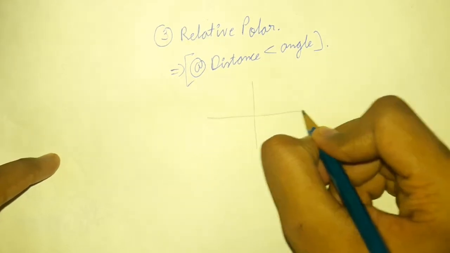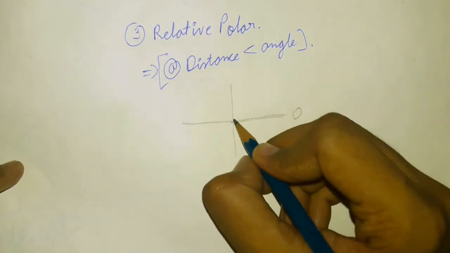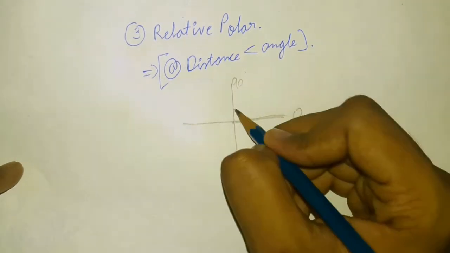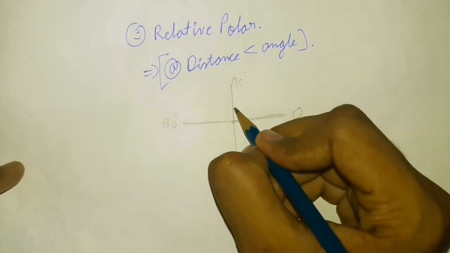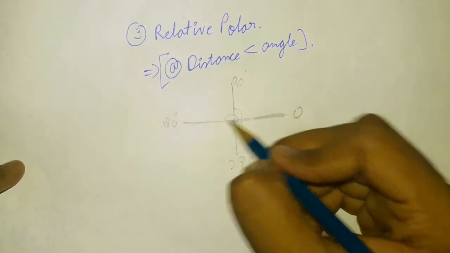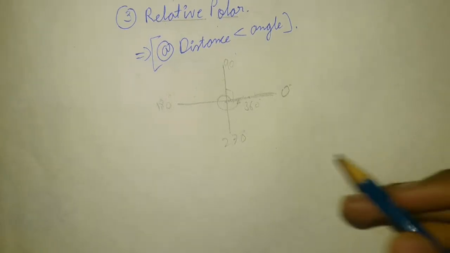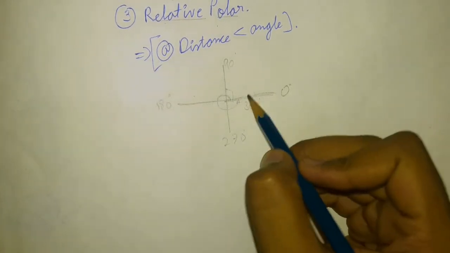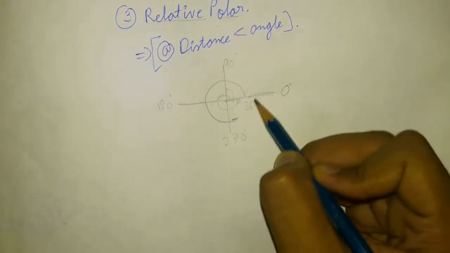Here we know that this one is 0 degree angle, this one is 90 degree, for this one it is 180, and this one is 270. After completing the whole, it is 360. While finding an angle, we have to move in the anti-clockwise direction from 0 of the x-axis. Anti-clockwise direction in this direction to find an angle.